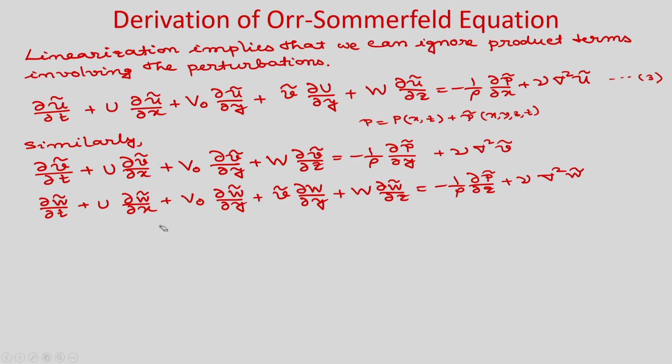Okay. So, we have already derived the continuity equation del u tilde by del x plus del v tilde by del y plus del w tilde by del z is equal to 0. So, now let us give the equation numbers. This is 4, this is 5 and this continuity equation as equation number 6.